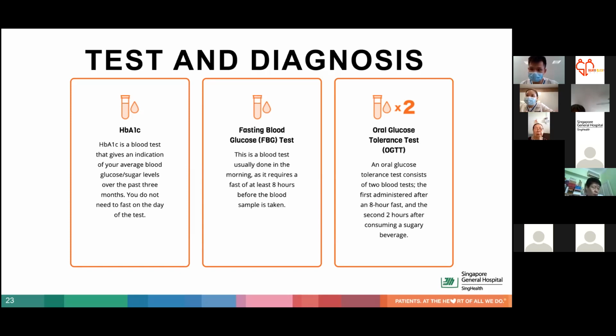And 2 hours later, after consumption of the bottled sugar beverage, you are supposed to take your blood. So this test, 2 hours later, is to see whether your body is able to cope with that sudden increase in blood sugar, and to see how your pancreas is able to secrete enough insulin to counter the increased glucose in your bloodstream.